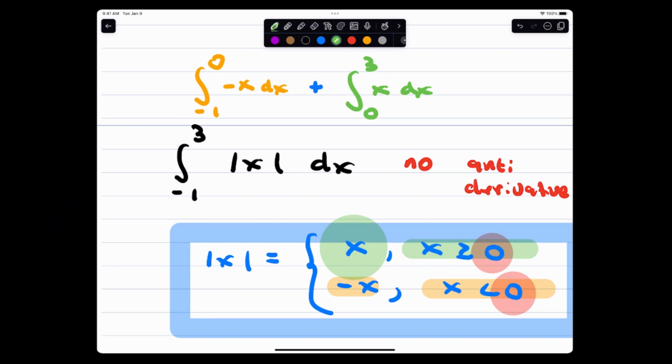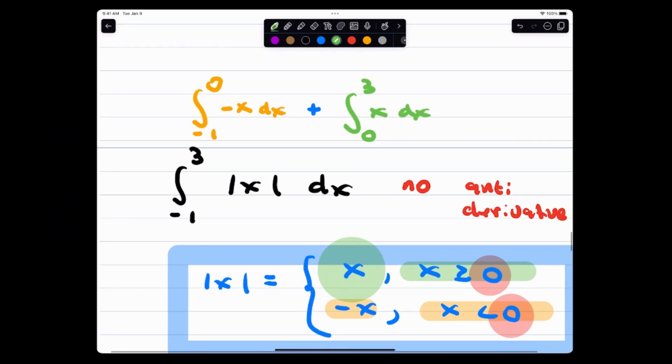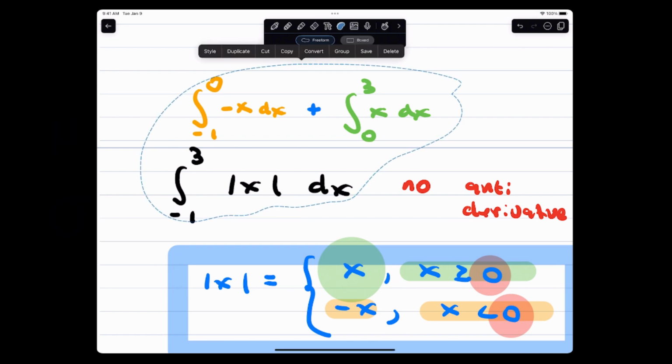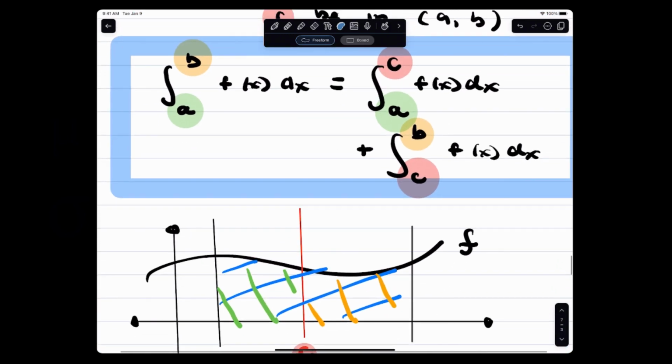So this integral that they gave you here can be done piecewise. And that's kind of the lesson here. Copy that and I'll paste this here.